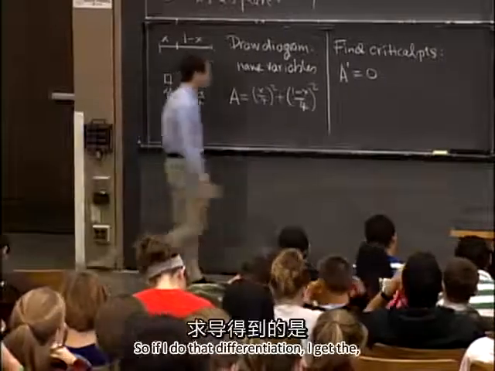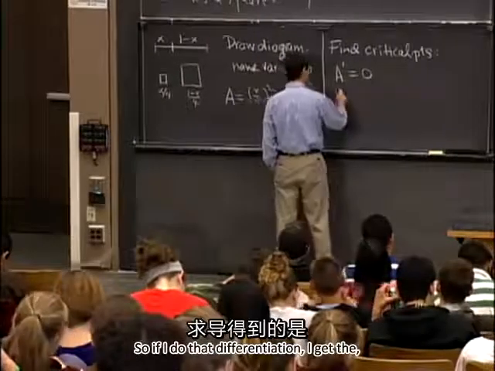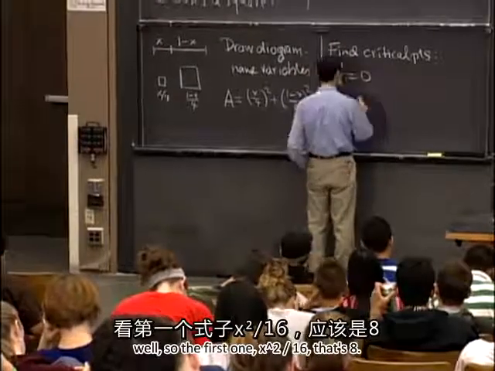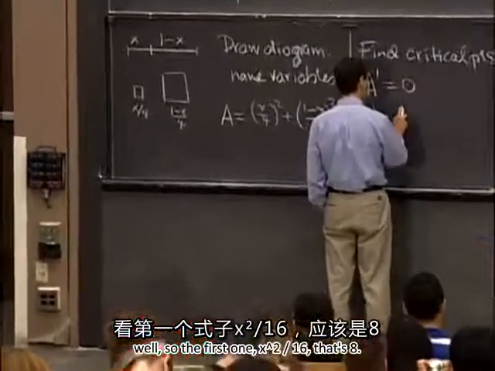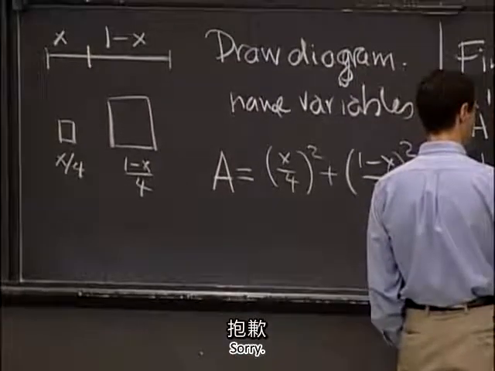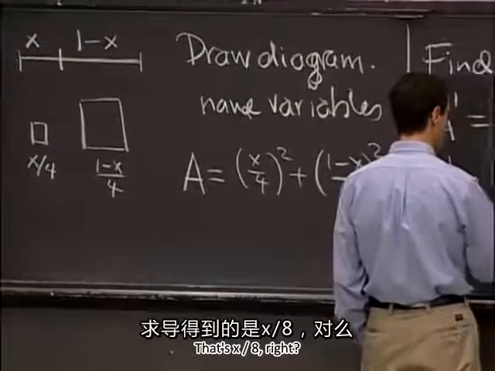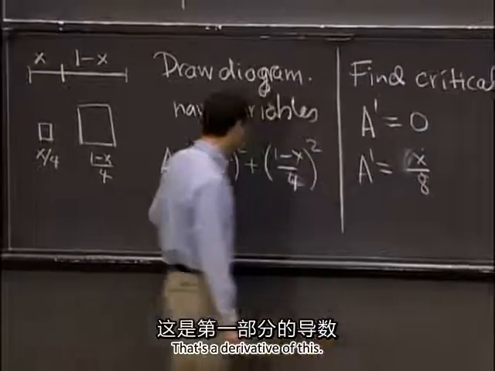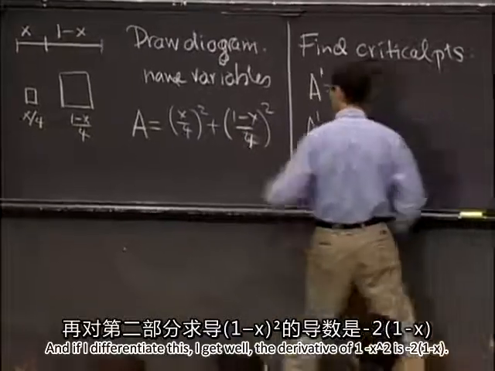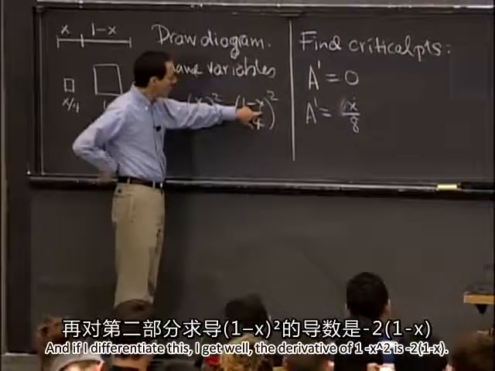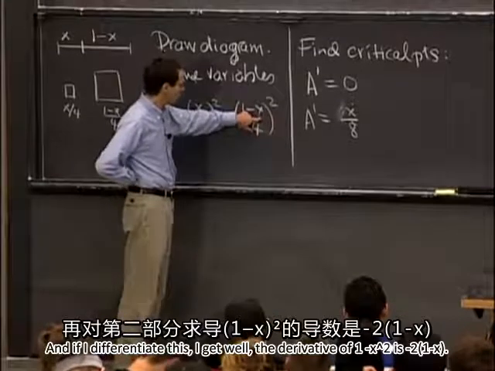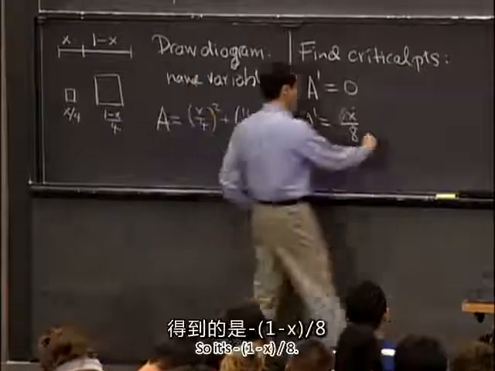All right? So if I do that differentiation, I get, well, the first one, x squared over 16, that's x over 8. That's the derivative of this. And if I differentiate this, I get, well, the derivative of (1 minus x) squared is 2 times (1 minus x) times a minus 1.